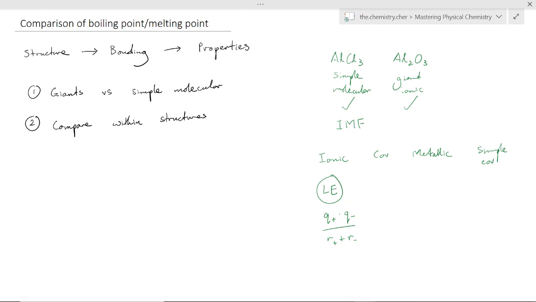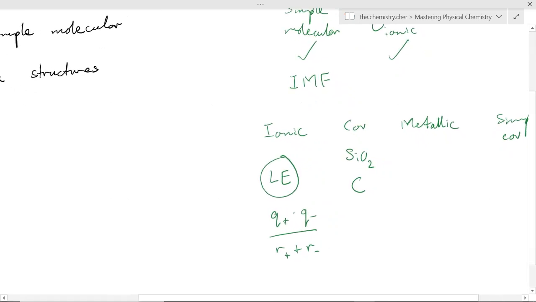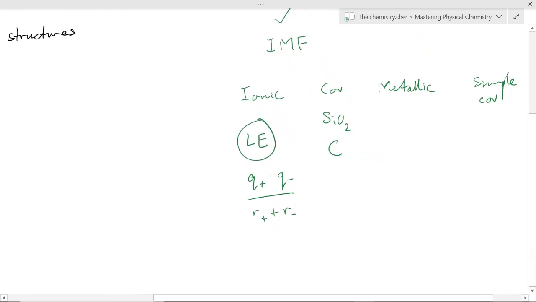Next, if we look at the covalent bond strength, if you are breaking bonds, for example, in SiO2 or carbon in terms of graphite or diamond, we have to look at four different factors. The effectiveness of the overlap, the bond order, the s character, and we also need to look at ionic character. This is something that you can figure out from your own set of notes.